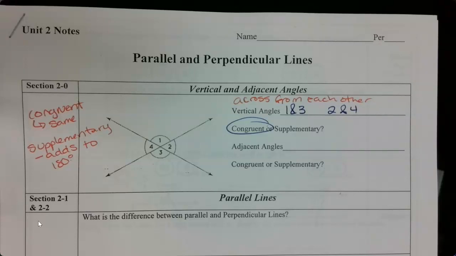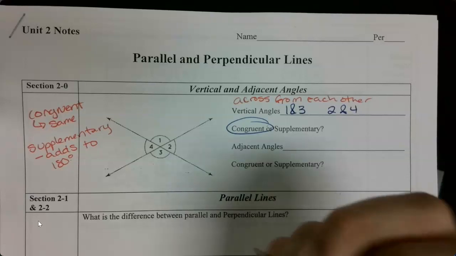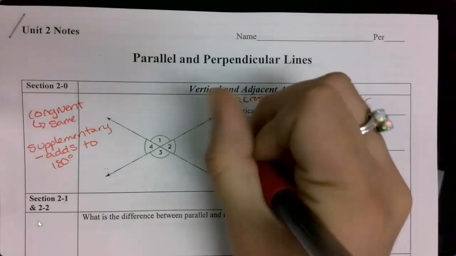My next angle pair is adjacent angles. These are next to each other and make a line, a straight line.